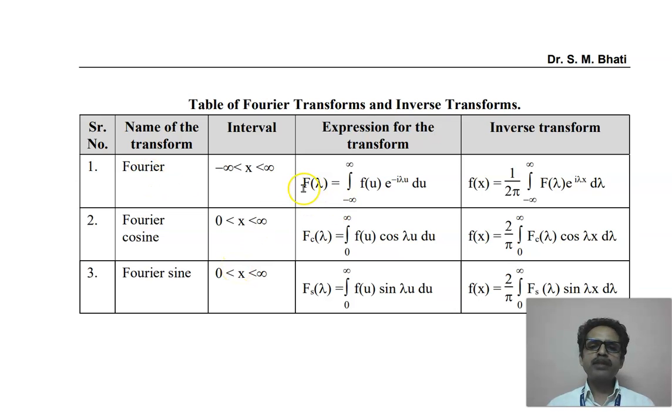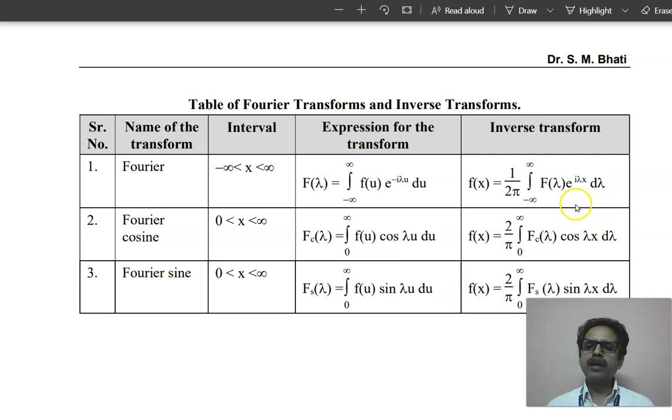So the Fourier transform is capital F lambda and its inverse transform is small f of x. The Fourier cosine transform of f of x is Fc lambda, and its inverse transform f of x is given by this equation. Now the Fourier sine transform of f of x is Fs lambda given by this equation, and its inverse transform, that is the inverse Fourier sine transform, is given by this equation.